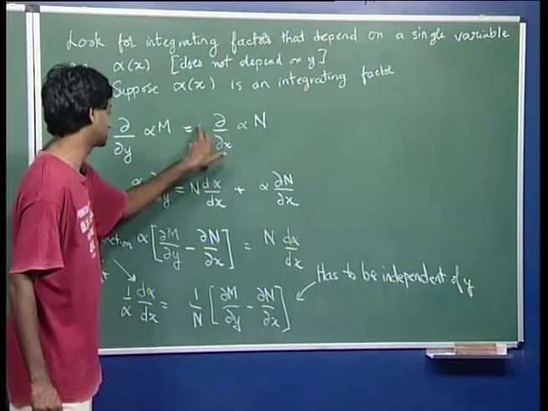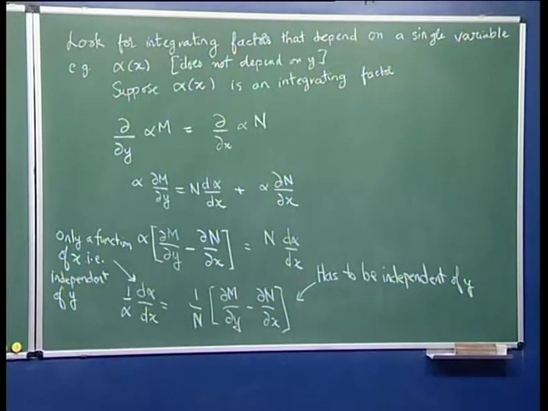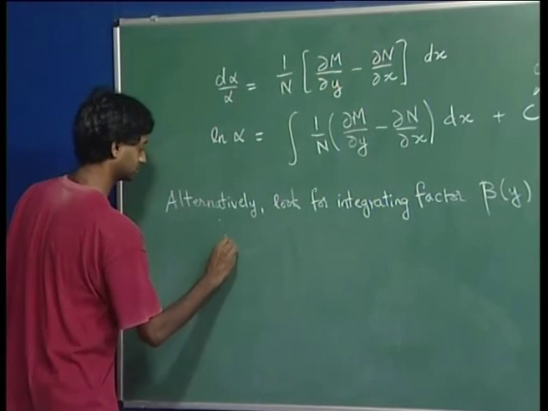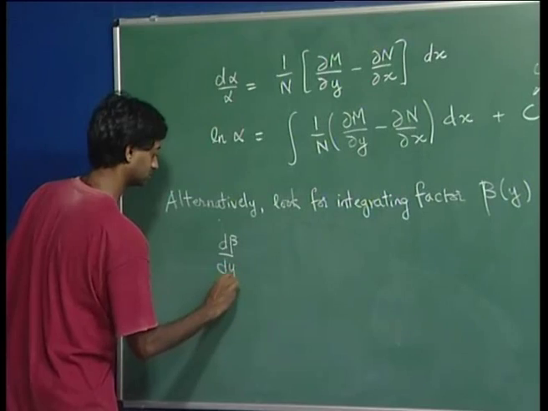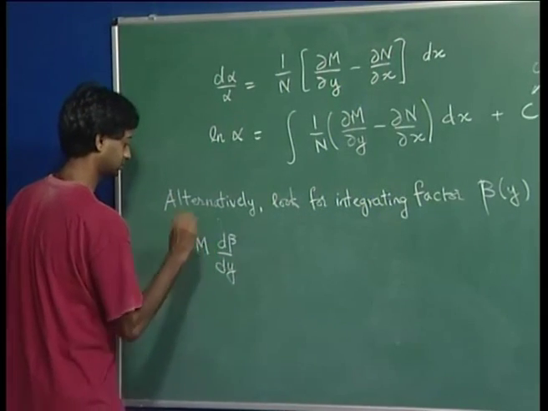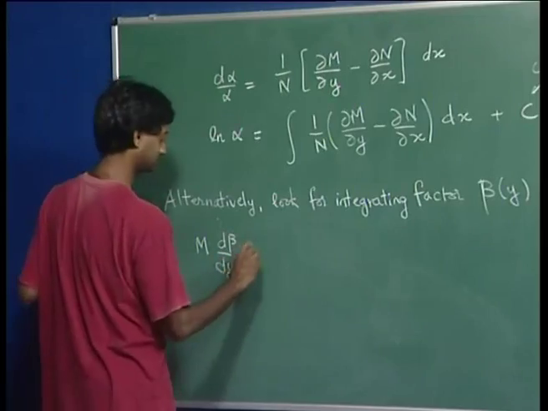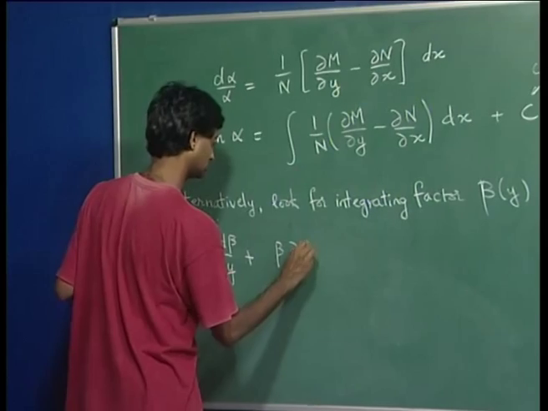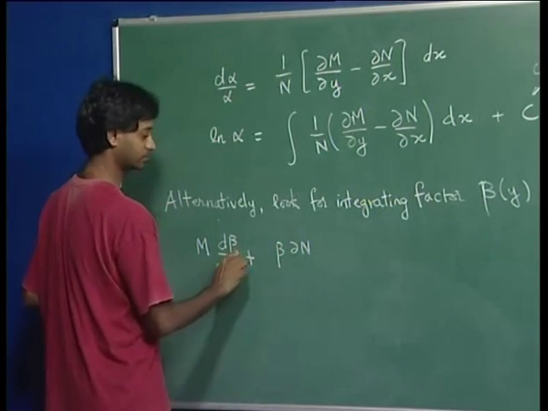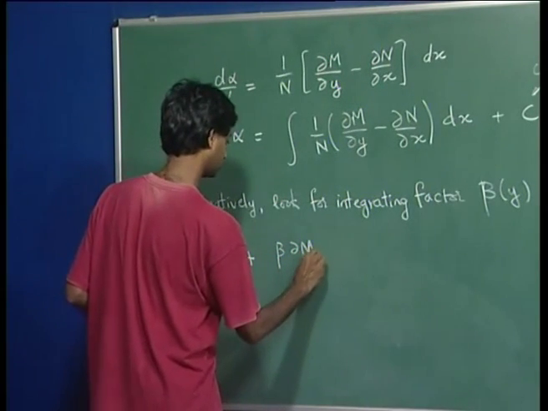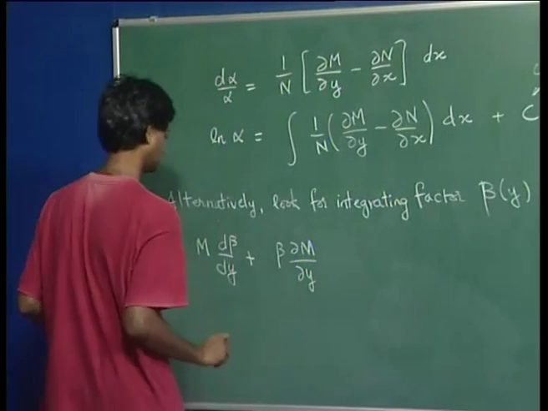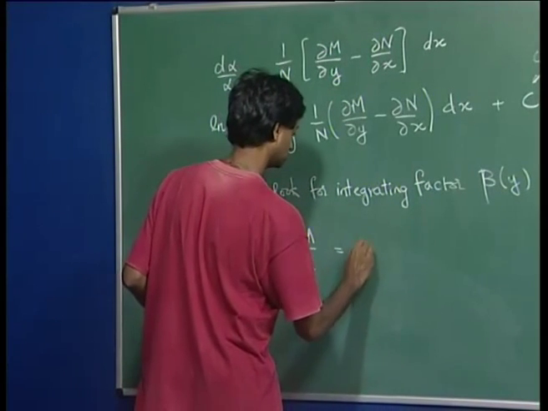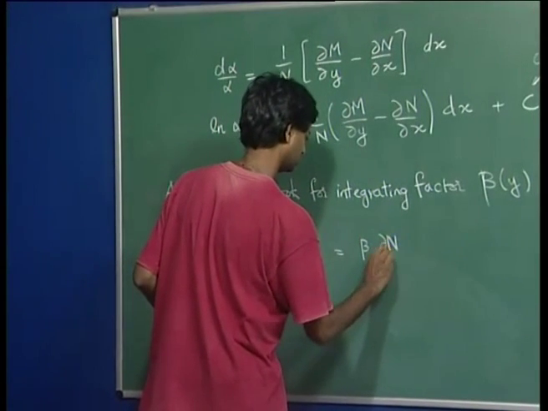So, in this case it will come outside the integral, and you can show that your condition will look like dou by dou y of beta into m plus dou m by dou y is equal to beta dou n by dou x.